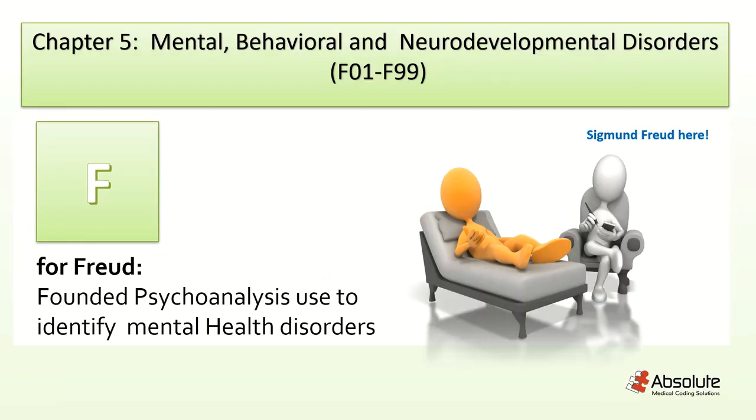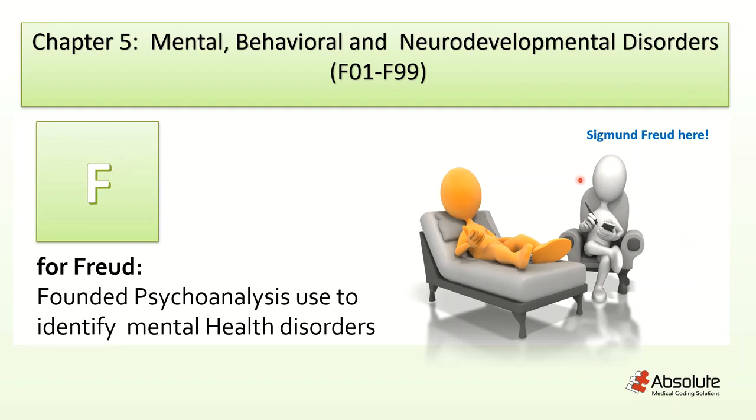Chapter 5. Chapter 5 is the chapter for mental, behavioral, and neurodevelopmental disorders, category F01 through F99. When we think of mental health, we think of the letter F. Letter F is for Freud, Sigmund Freud.